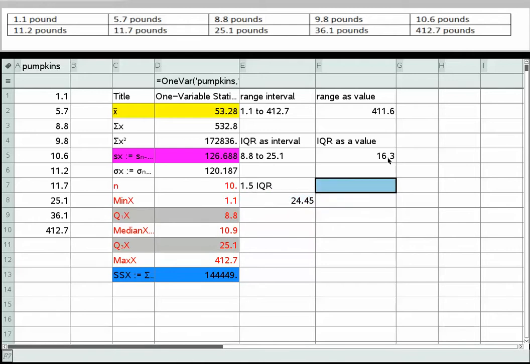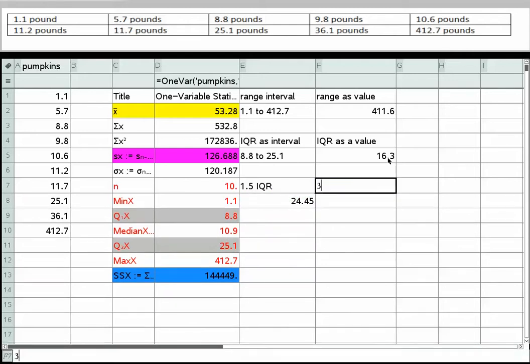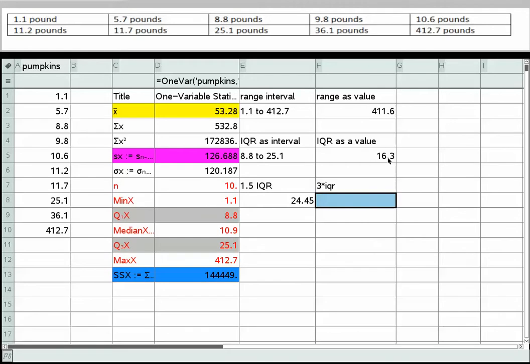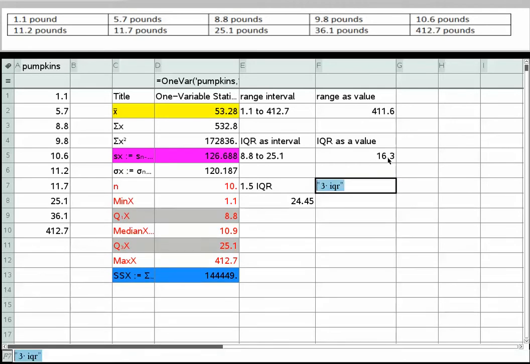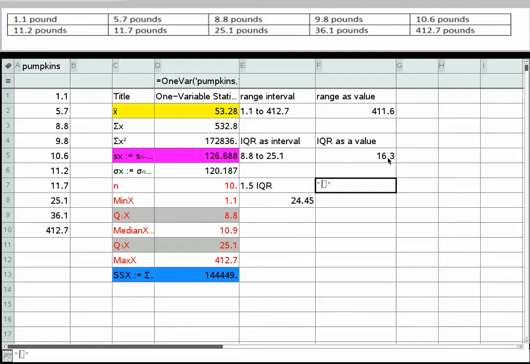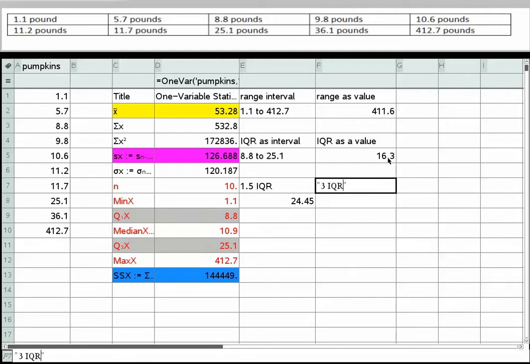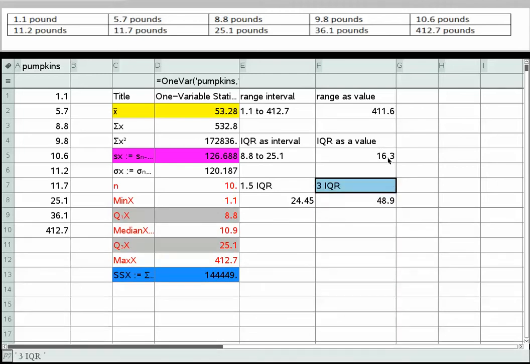So 1.5 IQR is that number. 3 times the IQR is going to be, if I could ever get my thing to type it the way I want it. Why is it not letting me do that? All right. 3 IQR is literally taking 3 times the 16.3. All right, that would be the end of the data manipulation that we need to do.